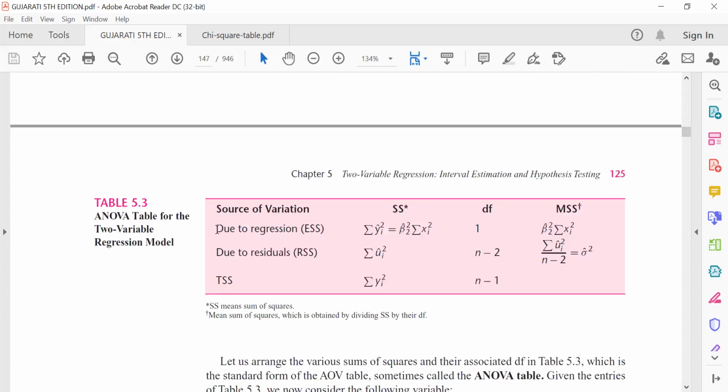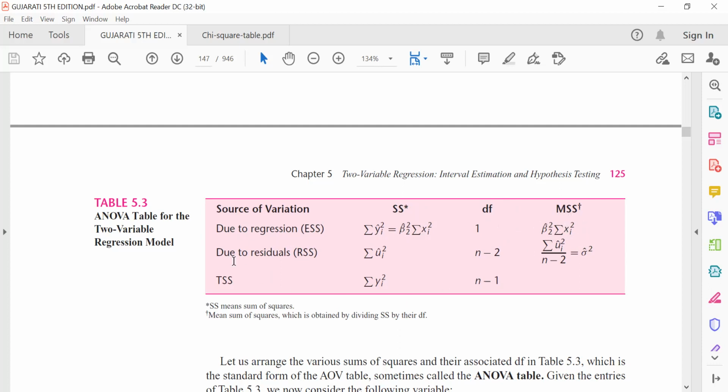This is a table of ANOVA. If you have this table, you can see the source of variation due to regression. Here, the ESS, sigma y hat squared, is equal to beta 2 hat times the deviation of the x variable. Degree of freedom is 1 here. We divide this ESS by 1 and we get the mean sum of squares.